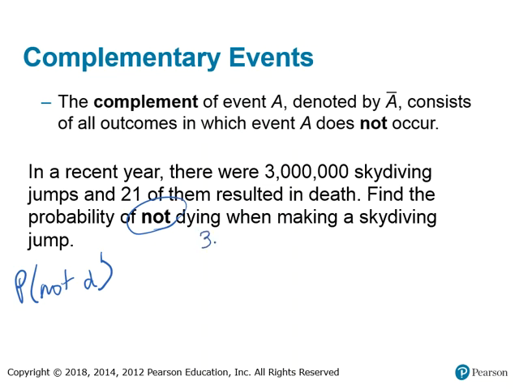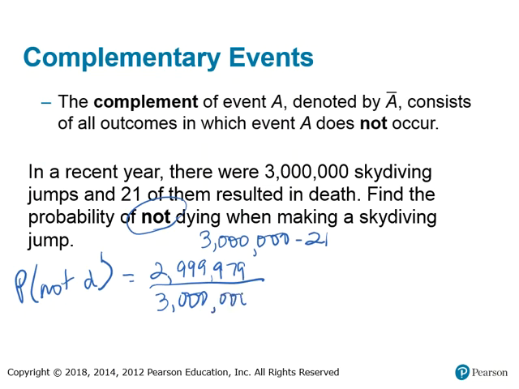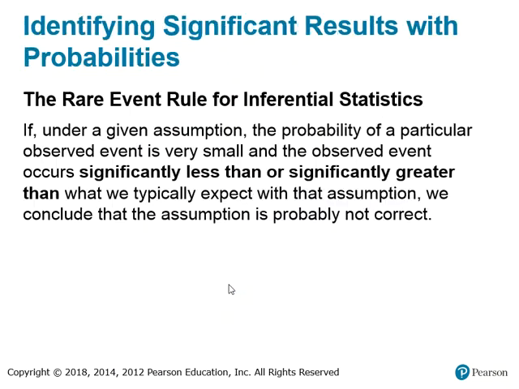So we're going to take 3 million minus the 21, so 2,999,979 people did not die out of the 3 million. So that would be the probability of not dying, because we did the complement.